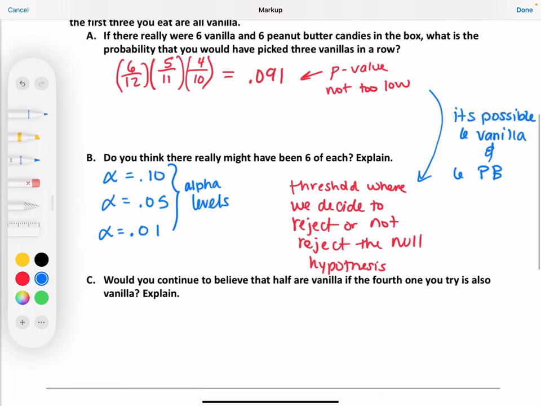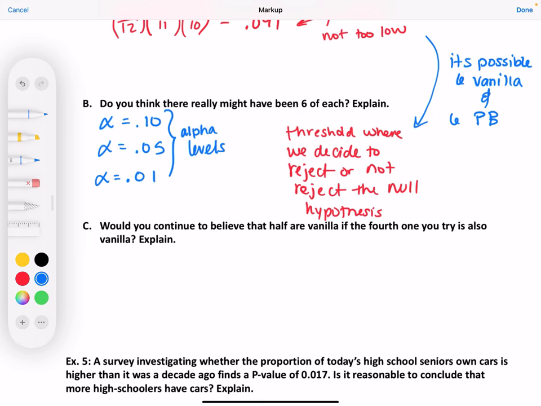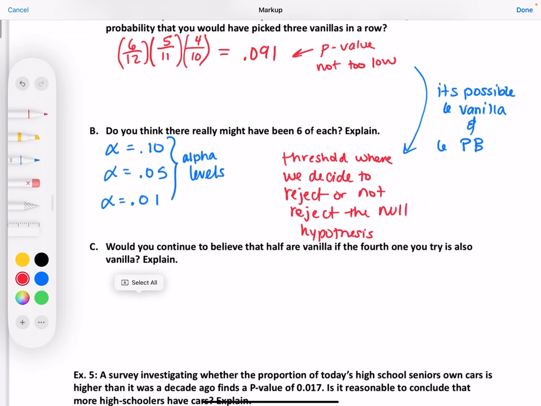So then, would you continue to believe that half are vanilla if the 4th one you try is also vanilla? So I would have the same probability from up here, 6 out of 12 times 5 out of 11 times 4 out of 10. Then the 4th one is still vanilla, so I would be on to 3 out of 9. What would that p-value be?